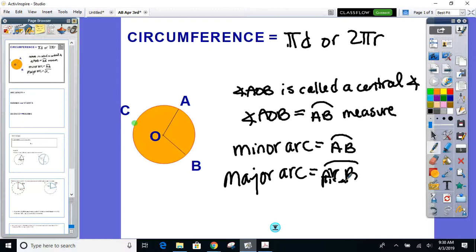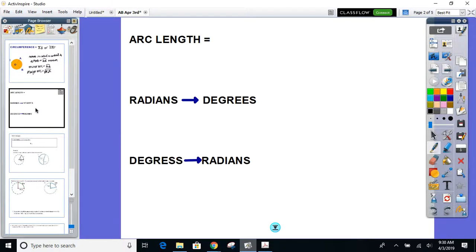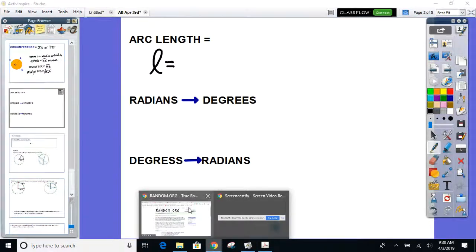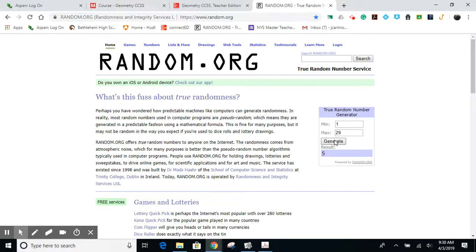I got more for you. Formula for arc length. Not the arc measure, the arc length. I'm just going through everything we're going to need here, and hopefully I'm proving that there's a lot here.